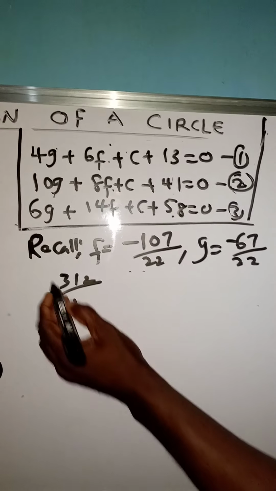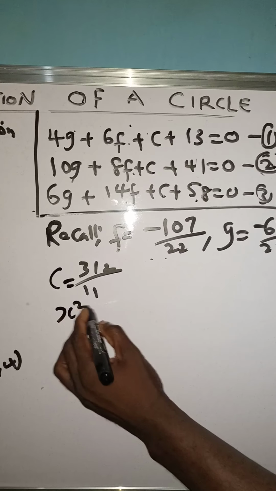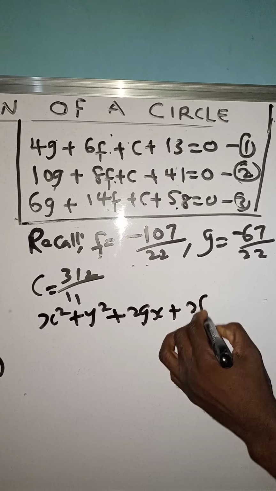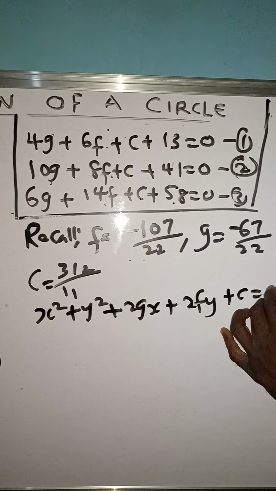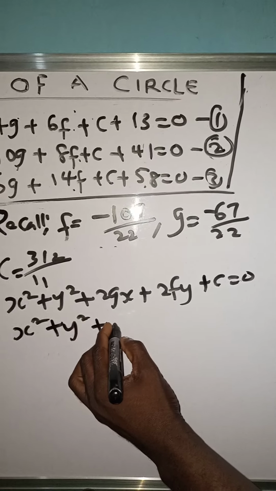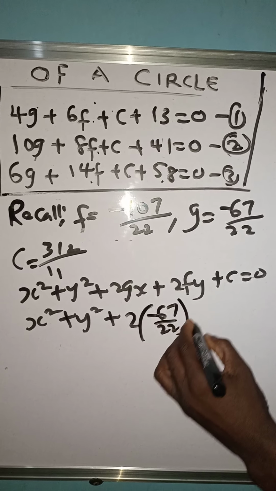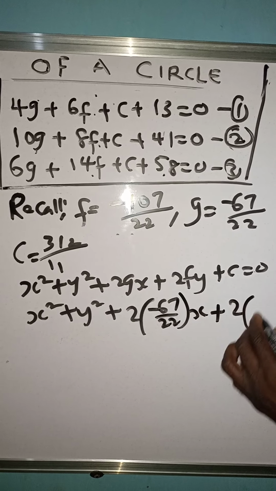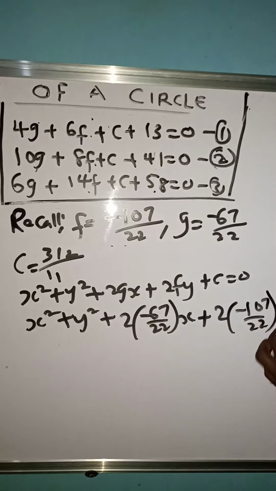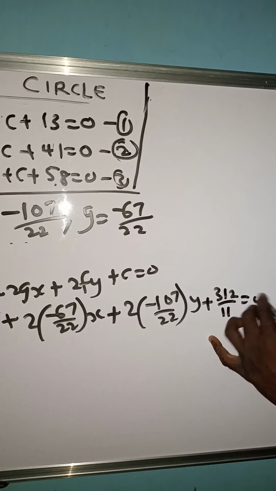Now to get the equation of the circle, we have x squared plus y squared plus 2gx plus 2fy plus c is 0. So x squared plus y squared plus 2 times g, g is minus 67 over 22, x, plus 2 times f, minus 107 over 22, times y, plus c, 312 over 11, is 0.